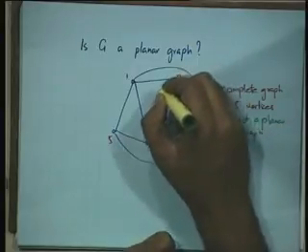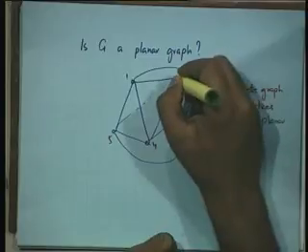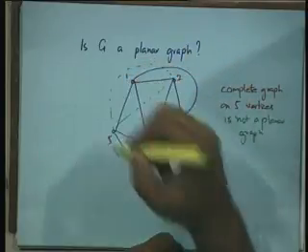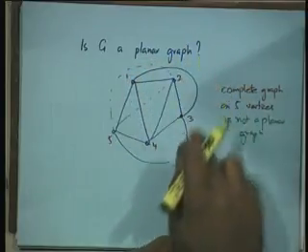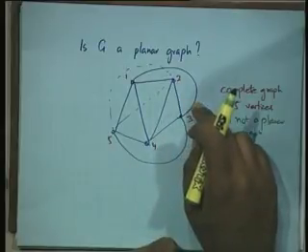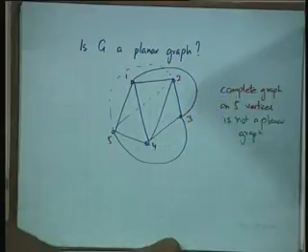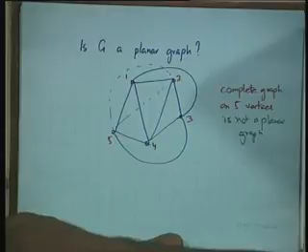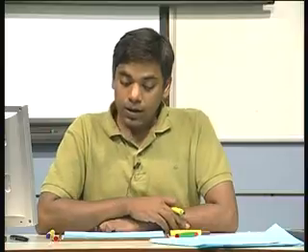If I were to draw it this way, it would cross with this. If I were to draw it like this, it would still cross with this edge. If I were to draw it like this, it would cross with this edge, and so on. So there is no way of drawing this.